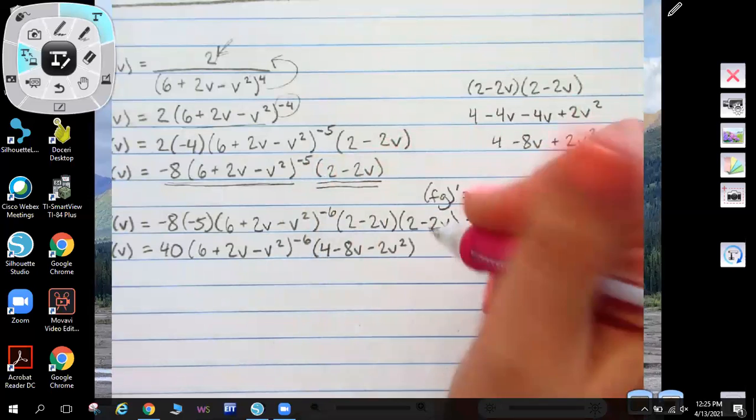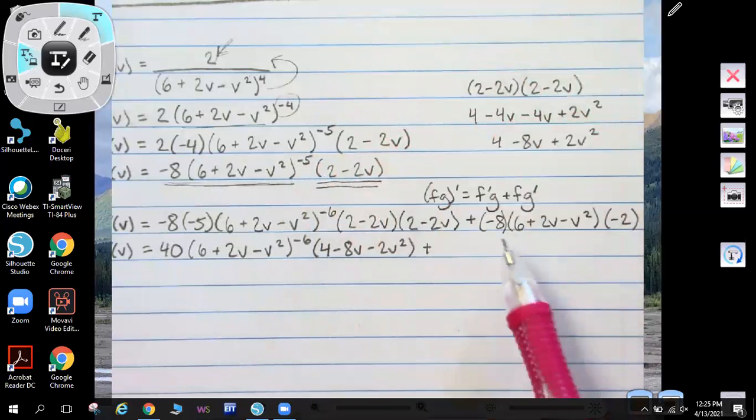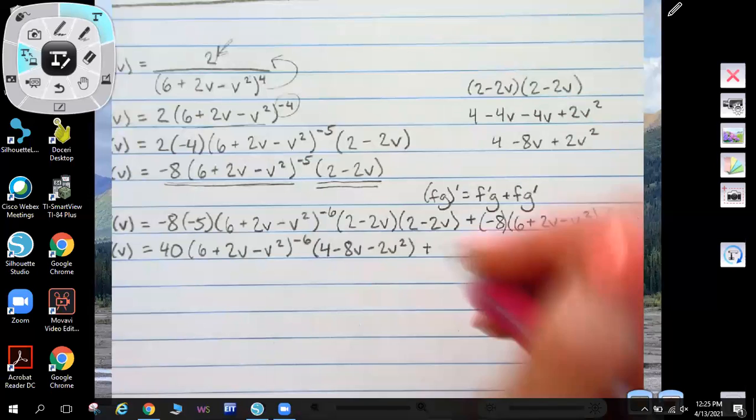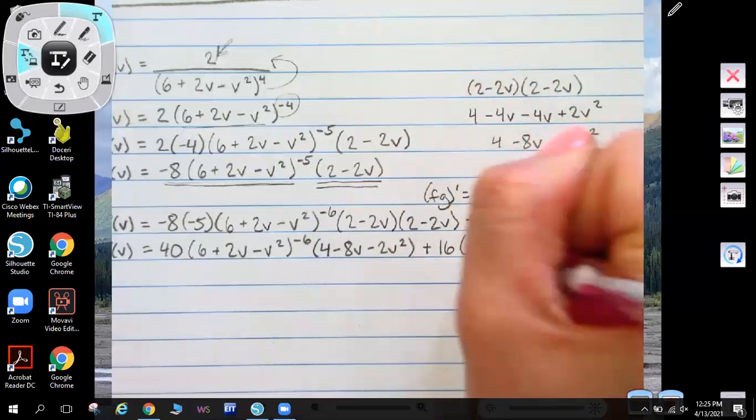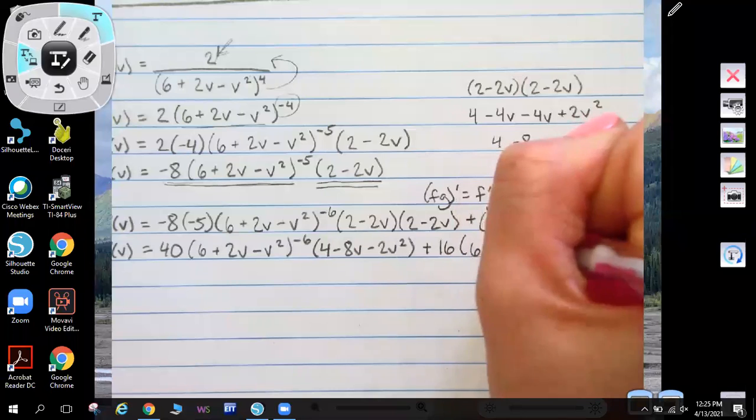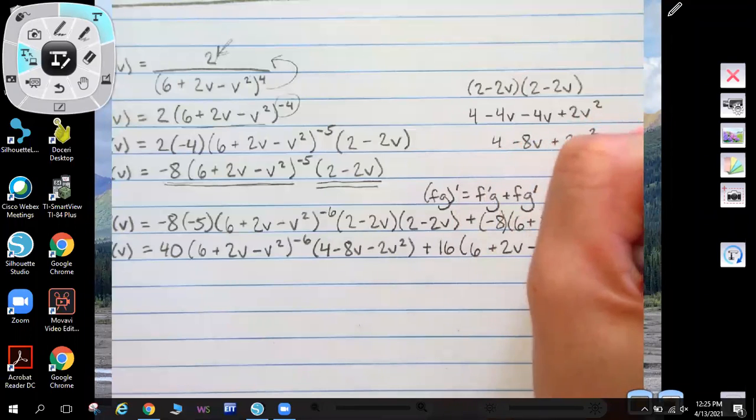Then we have -8 times -2, that's +16 times 6 plus 2v minus v squared.